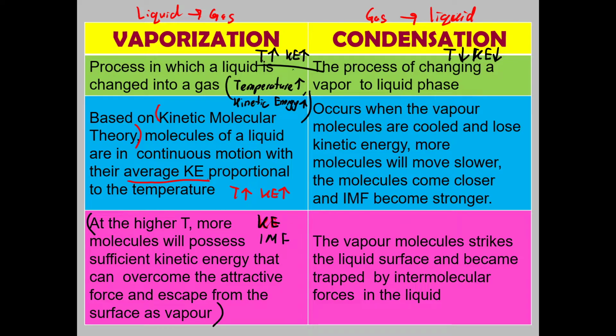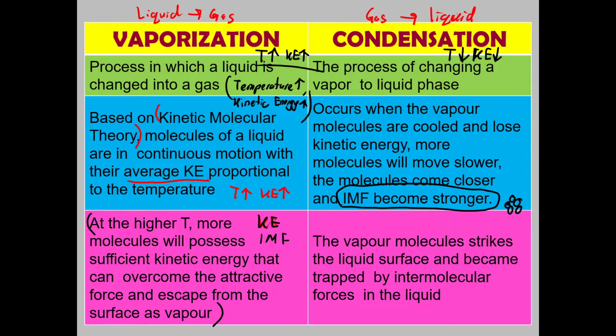One: temperature goes up, kinetic energy goes up. The other: temperature goes down, kinetic energy goes down. Thus, it cannot overcome the intermolecular forces. The intermolecular forces will be stronger than the kinetic energy. That's why it clumps together, thus becoming liquid again from gas. Very simple.